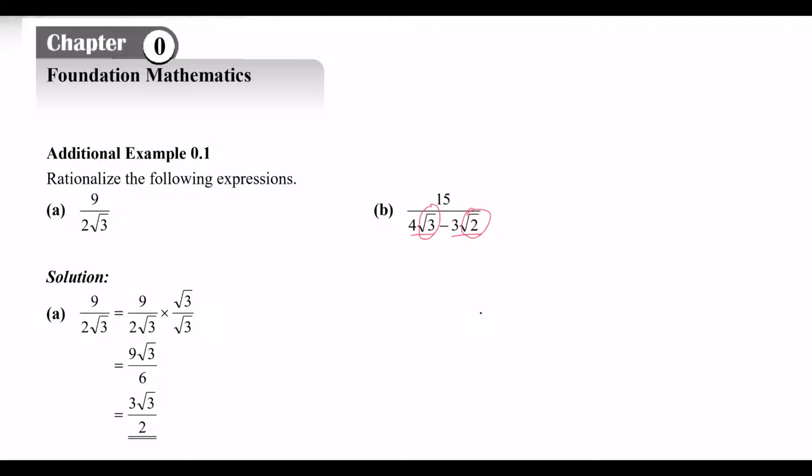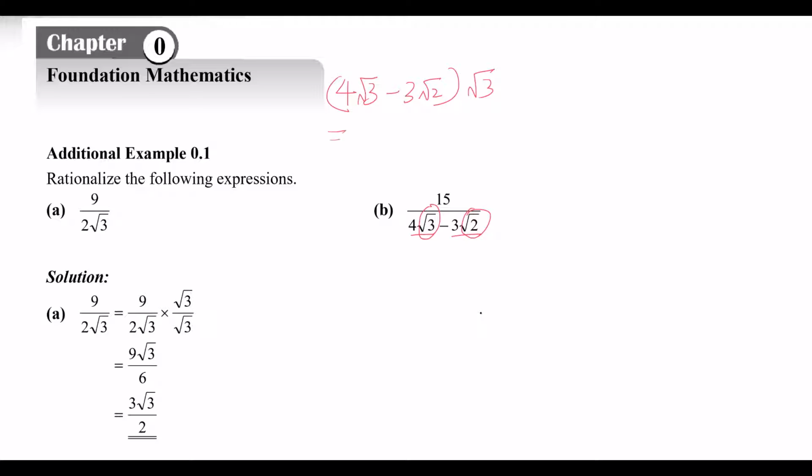Now, imagine we apply a similar idea as we have done in part A. We multiply the denominator with a number. If I want to get rid of square root 3, I multiply with square root 3. But if I just multiply with square root 3 only, we can try first.